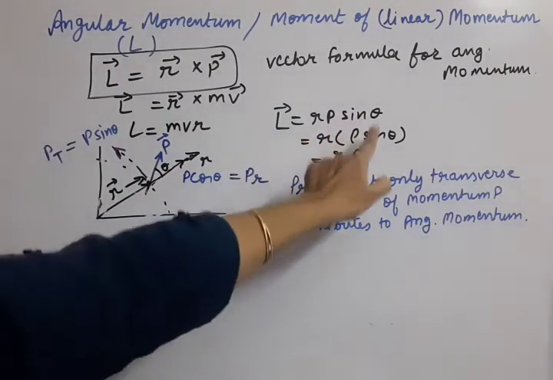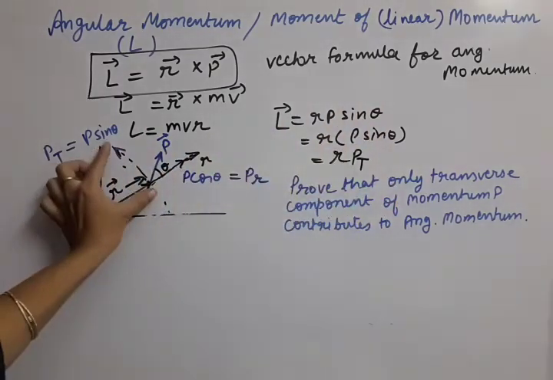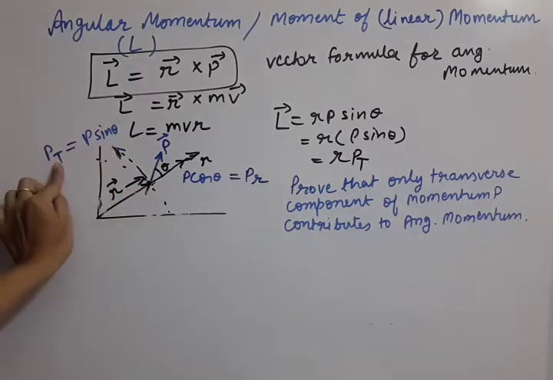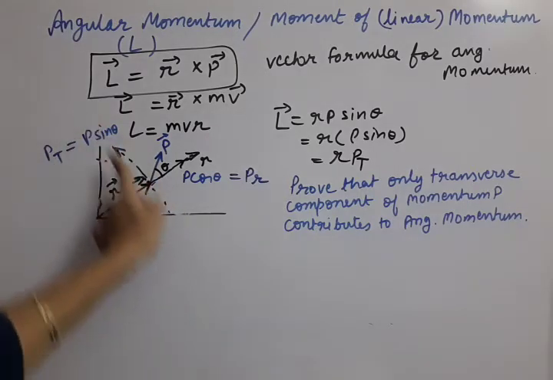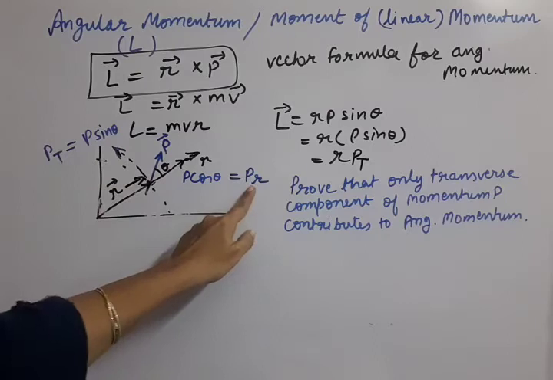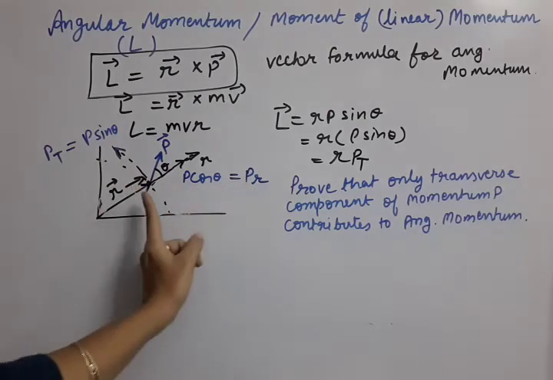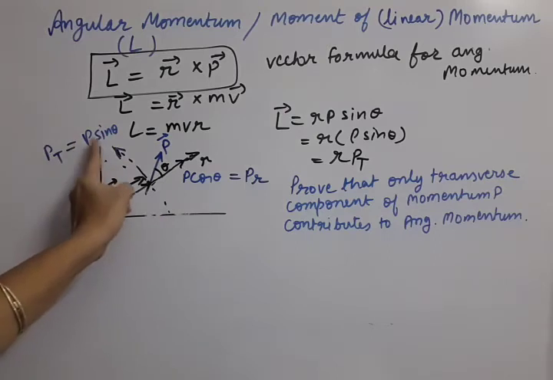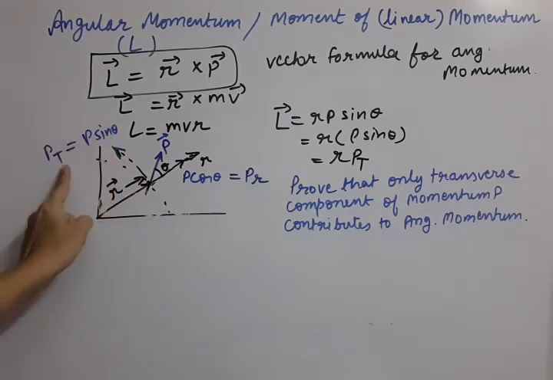So if we take P sin theta together, which component is it? P sin theta is the transverse component because it is perpendicular to the radius. This is our radial line, so this is the radial component P cos theta, and this is the radial's perpendicular line, the transverse line. So we call P sin theta the transverse component of momentum P.